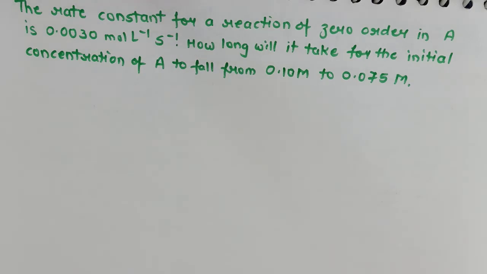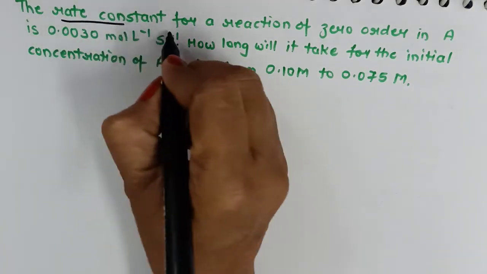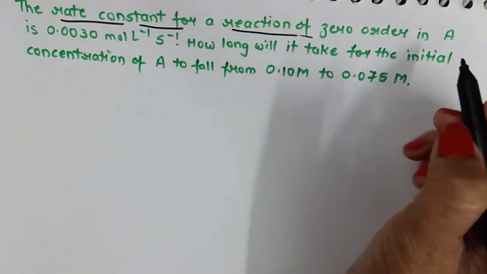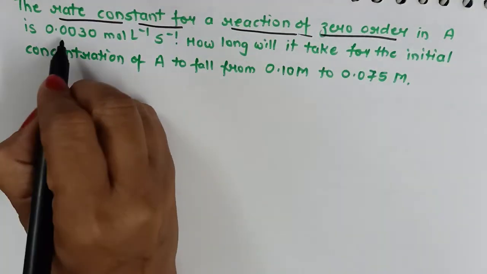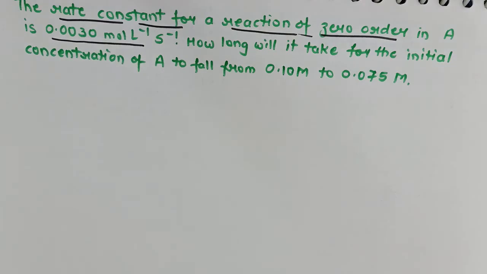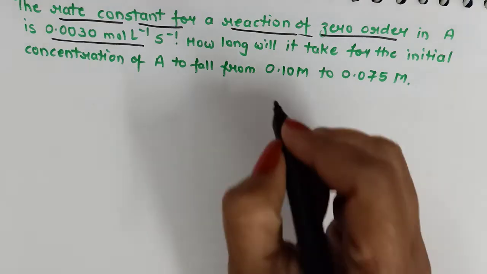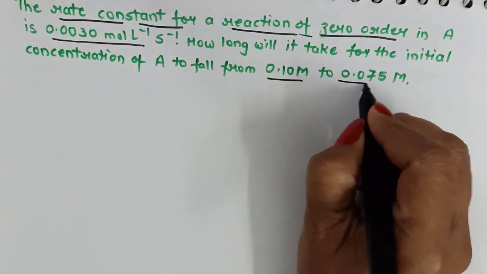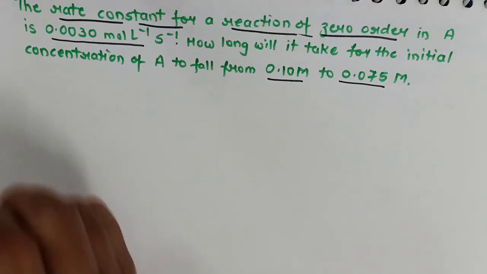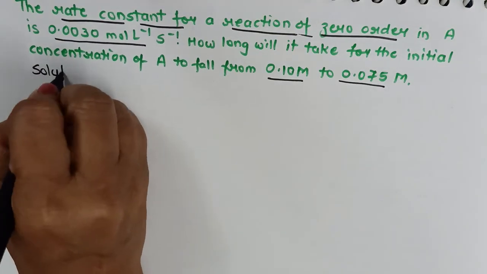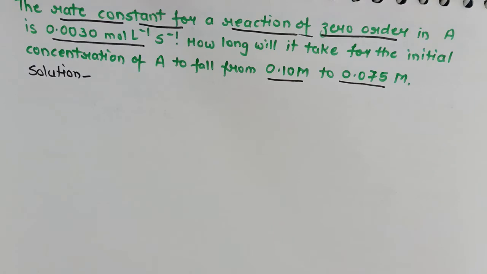Let us solve one numerical based on zero order reaction. In this question, the rate constant for a zero order reaction is given as 0.0030 mole liter inverse second inverse. We have been given the initial concentration and the final concentration. But before that, we'll write the information available with us.